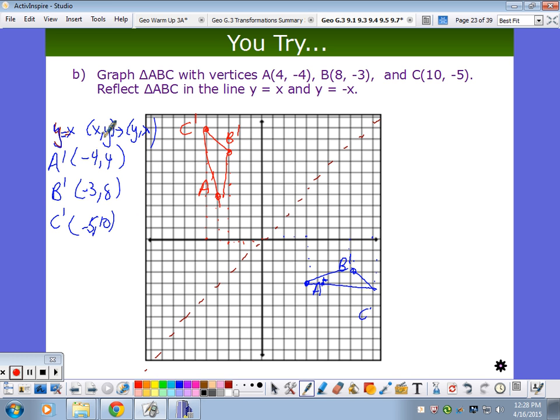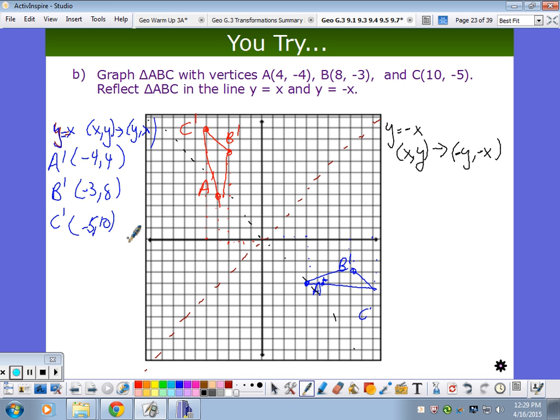To do y equals -x, that's going this way. That's this line. So when y equals -x, what is that transformation? (x, y) becomes what? What is it? Same thing, right? Except they're negative. So you do swap them, just like we did before, but now they're both negative.